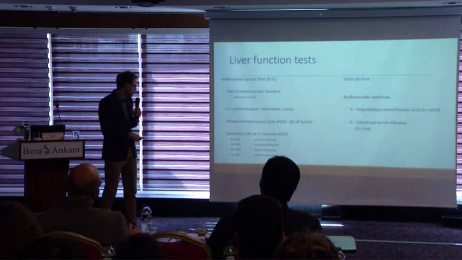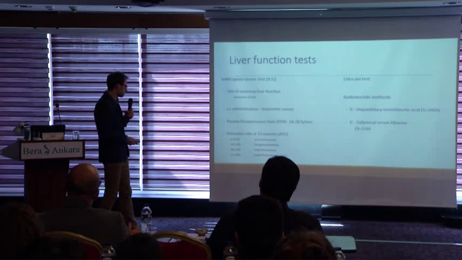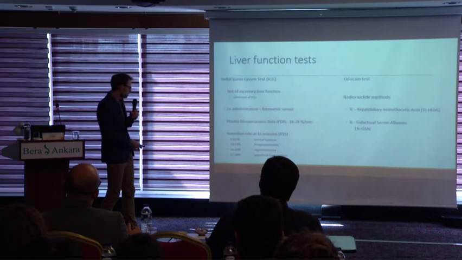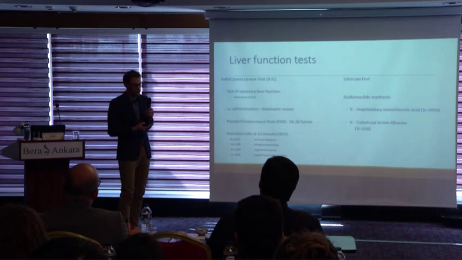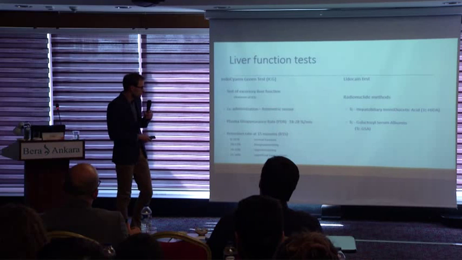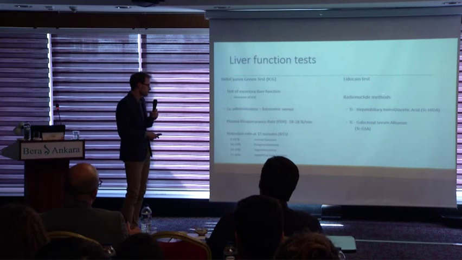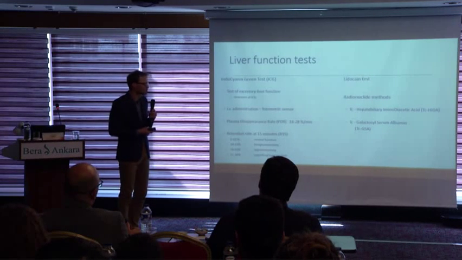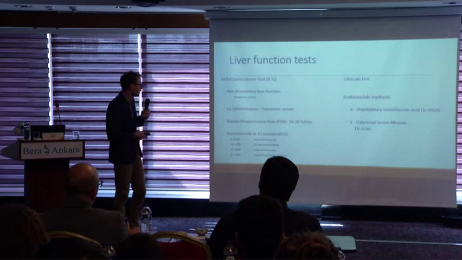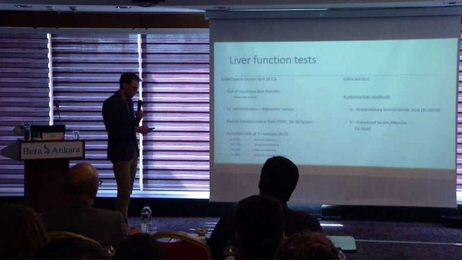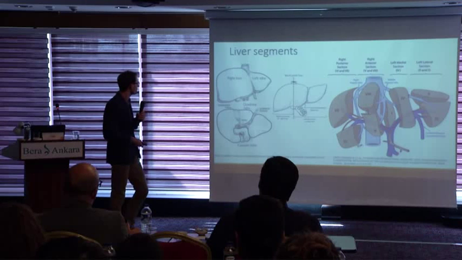And this retention rate test also determines the type of liver resection that we could perform. There are also other types of liver function tests, like the lidocaine test or some radionuclide methods. But in fact, we don't use them, and I have no experience with these tests.